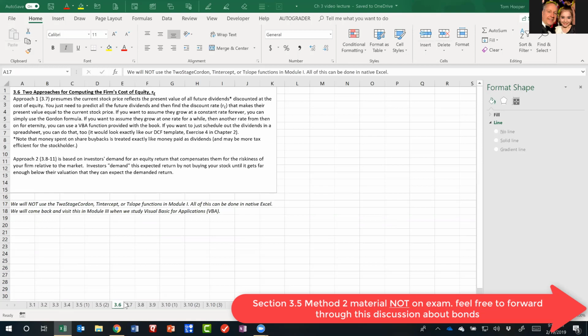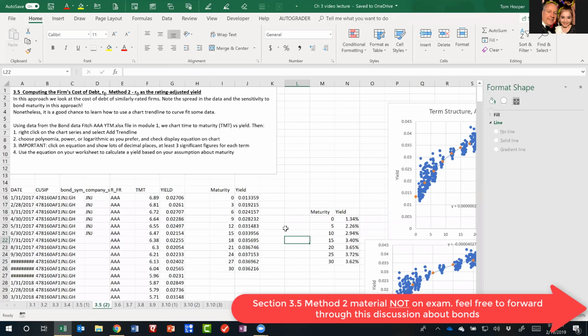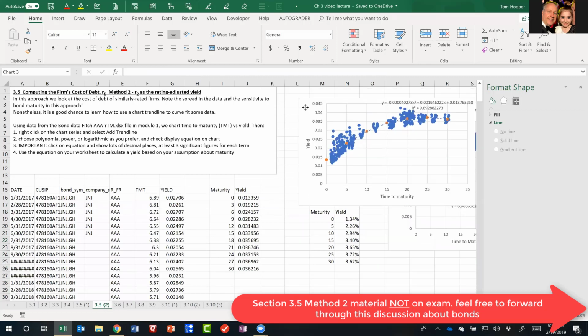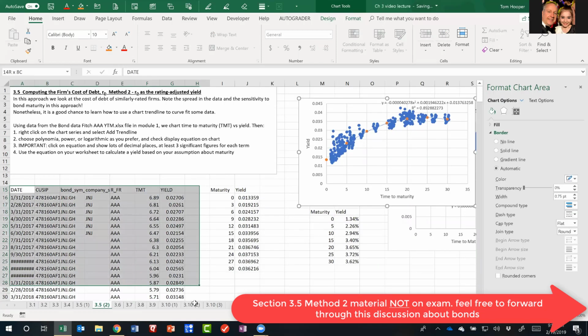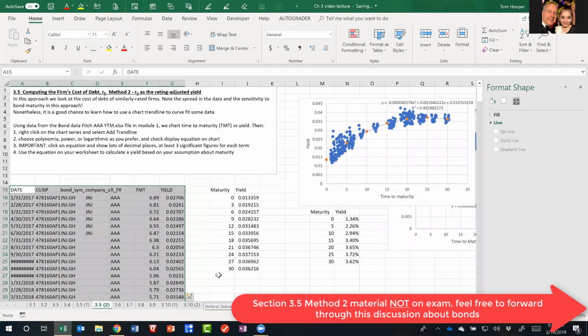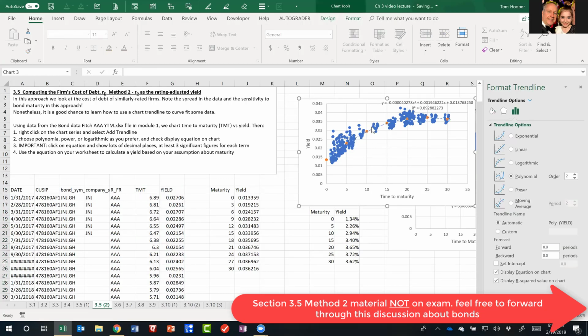So yeah, let me do these a little bit out of order. What I would like to do on the exam is basically exactly what we did here. I would provide this data, and then I would ask you to estimate the cost of debt for a 10-year Treasury. The way you'd have to do that is make the chart, add the trend line, get an equation, and I'd probably tell you what trend line option to choose, since Ben and I just had a discussion about second or third order.